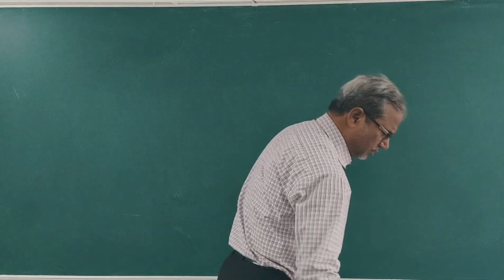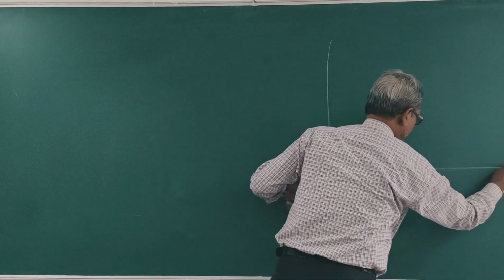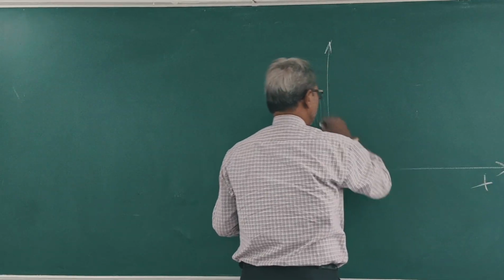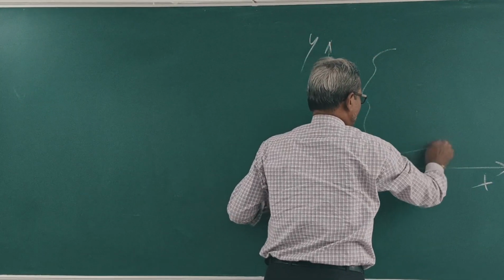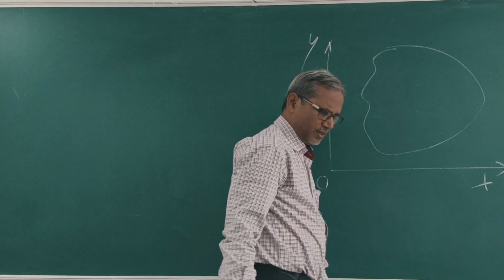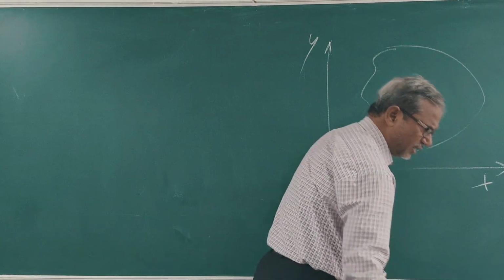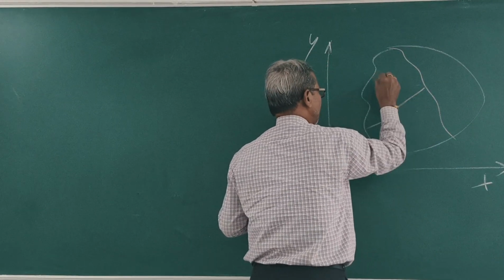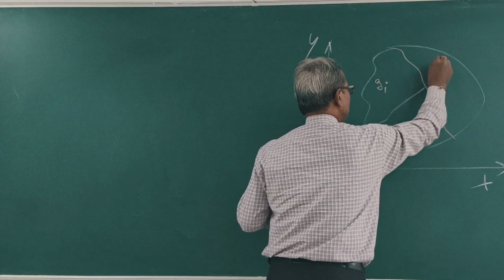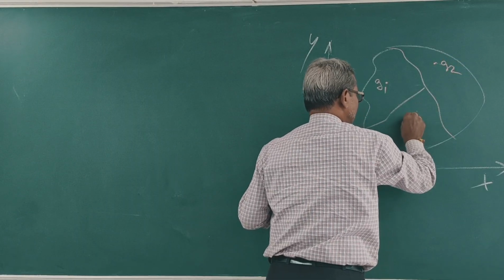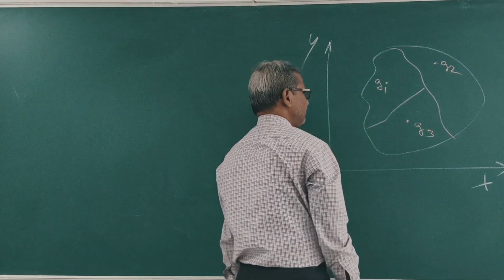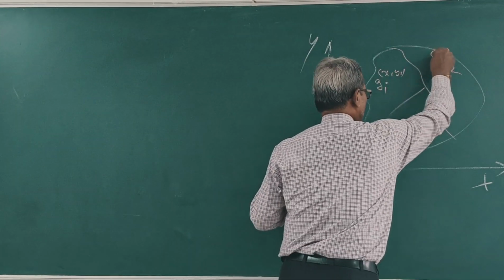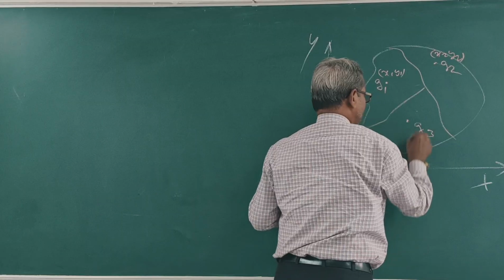Suppose this is the origin, x-axis, y-axis. Suppose this area. Clear? Split this area into parts. Suppose 3 parts. This is part 1, part 2, part 3. Suppose this is G1, this is G2, this is G3. What is the coordinate of G1? x1, y1. G2? x2, y2. G3? x3, y3.